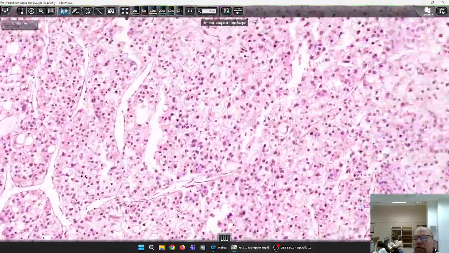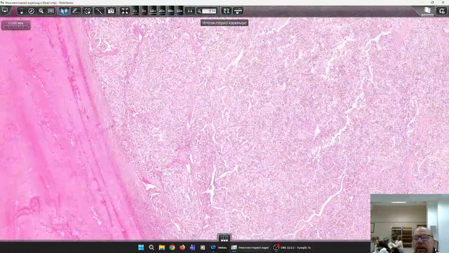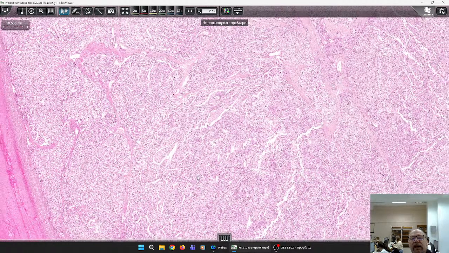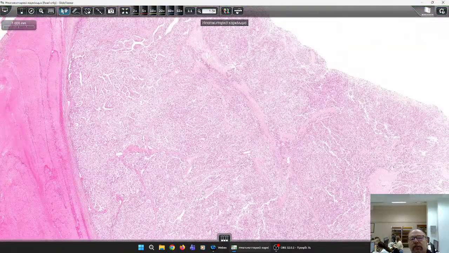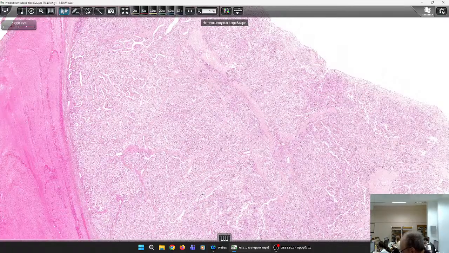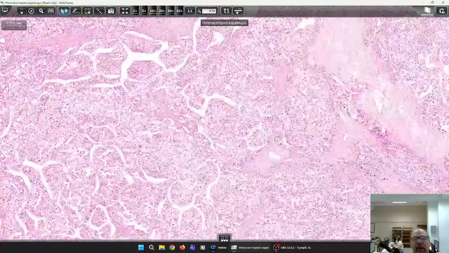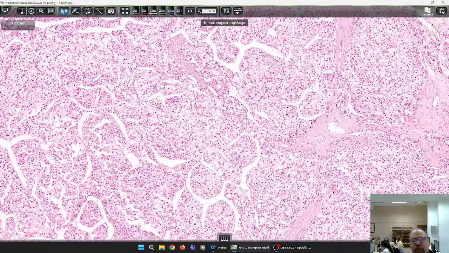However, you see that there are no portal triads. So it's only liver parenchyma, which is easily identified as such because the tumor differentiation permits us to understand that this is primary in the liver.